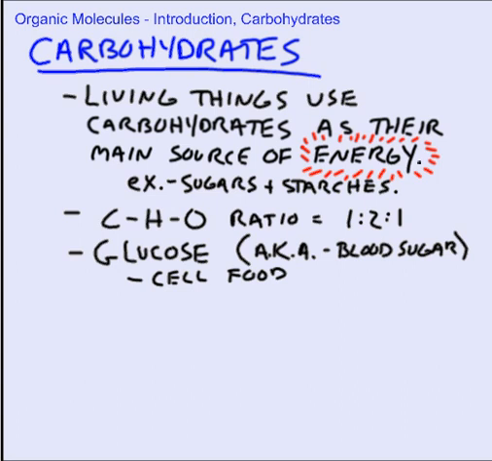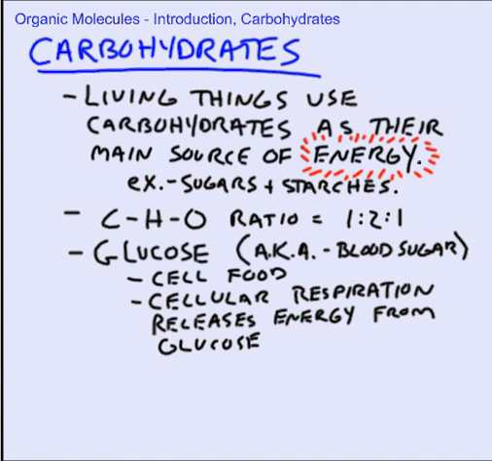Glucose, which is also known as blood sugar, is what our cells are using for energy. I often like to think of glucose as cell food. Now remember, glucose is a sugar. In the cells, cellular respiration releases energy from glucose. Glucose is the fuel.